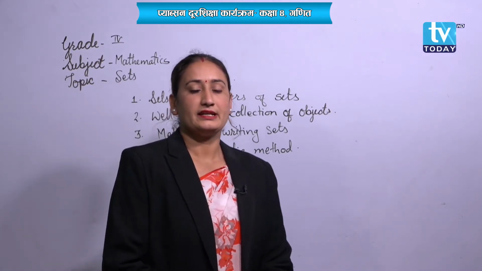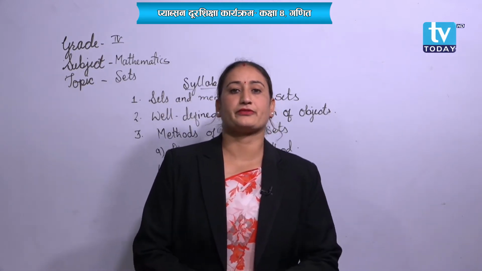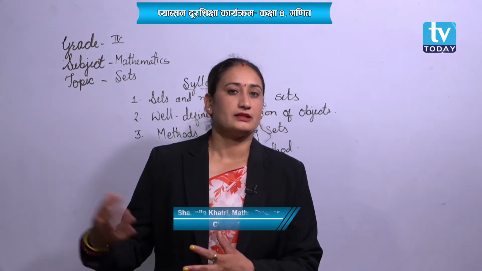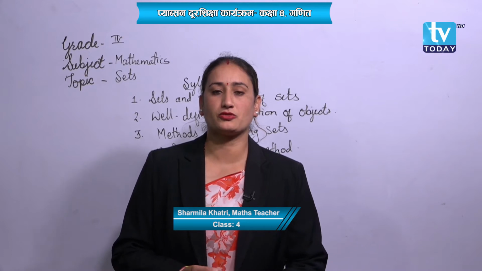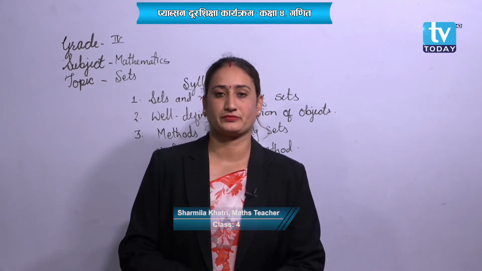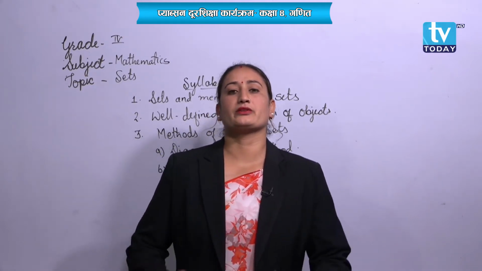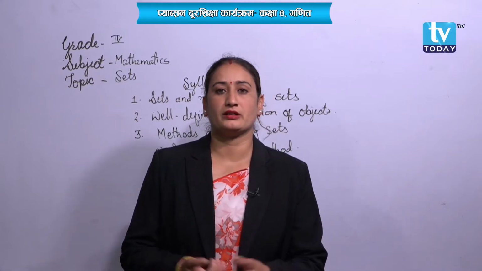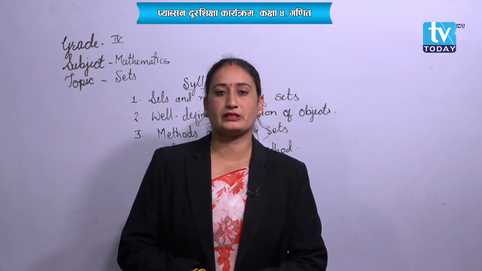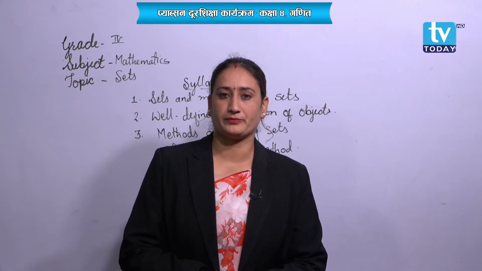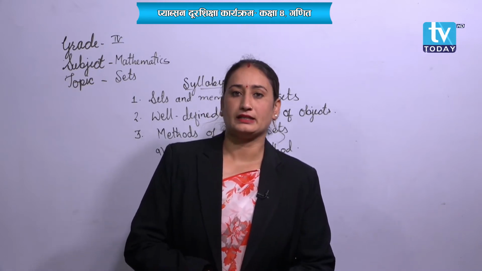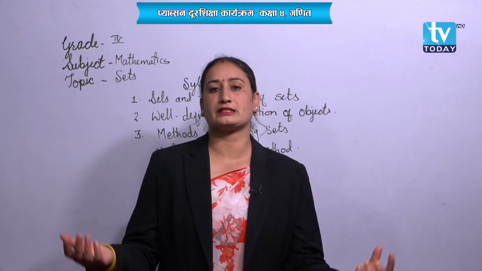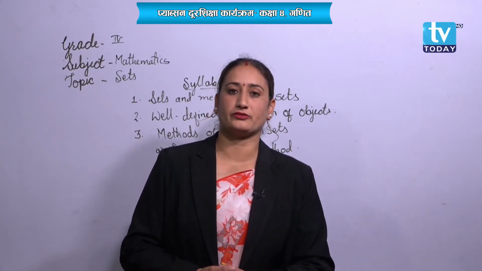Okay students, before starting the topic, we must know about sets. When you visit different places, what do you see there? When you go to the fruit market, different kinds of fruits are seen there, right?